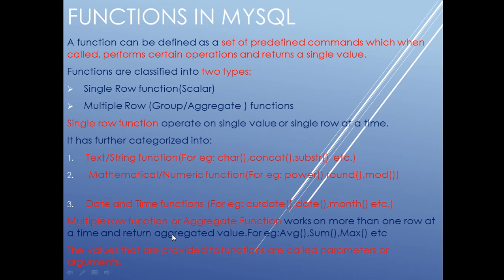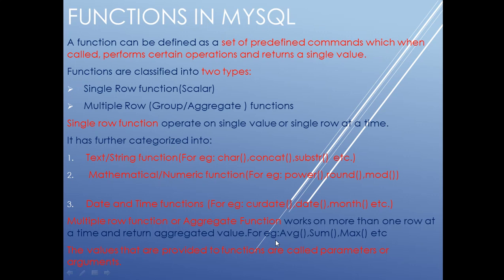Aggregate value means it works on many rows at a time, but the multiple row function returns a single value. The functions that come under multiple row are average, short for AVG, sum, max, and min. These are the different functions under the category of multiple row functions. So the definitions of single row and multiple row and the examples are important.